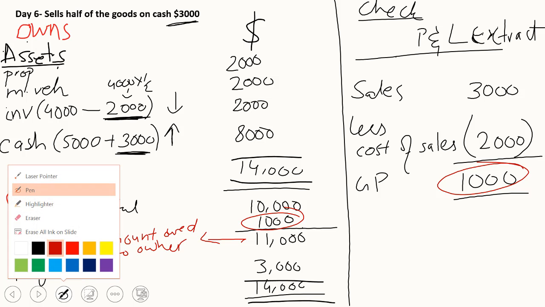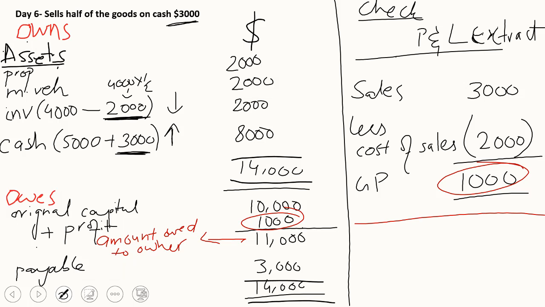Okay. So we have checked it now, and I have shown you how we calculated this 1,000. So the overall effect of this accounting transaction is cash has gone up by 3,000.